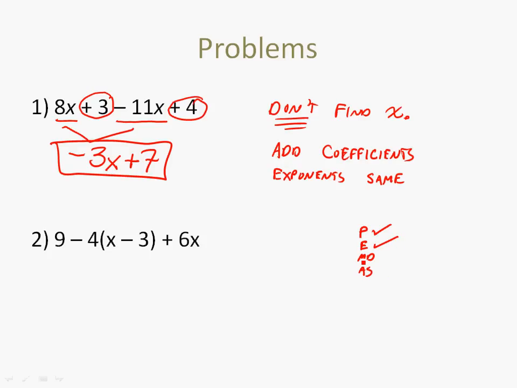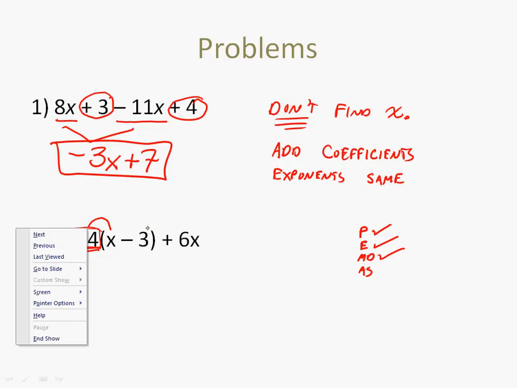Multiplication and division. I have this negative 4 here, and this negative 4 is touching the parentheses where the x minus 3 is. So that means I'm going to have to do distribution, and I'm going to have to multiply this negative 4 into the parentheses. Now notice, because of this minus sign here, this is actually a negative 4 that's going to be multiplied to the x, and it's a negative 4 that's going to be multiplied to the negative 3.